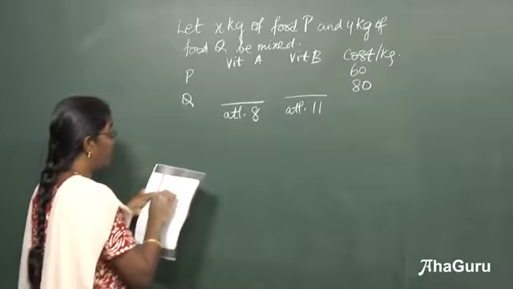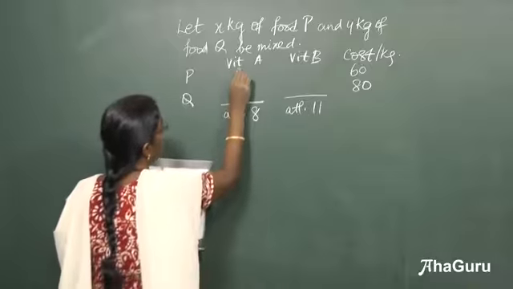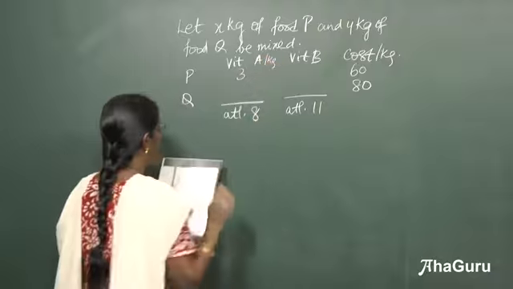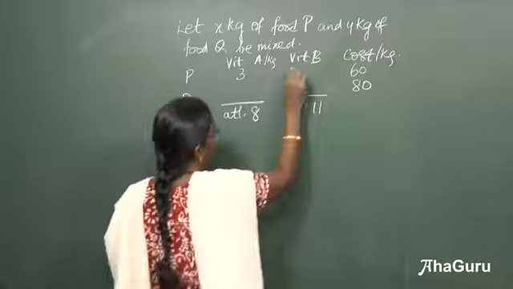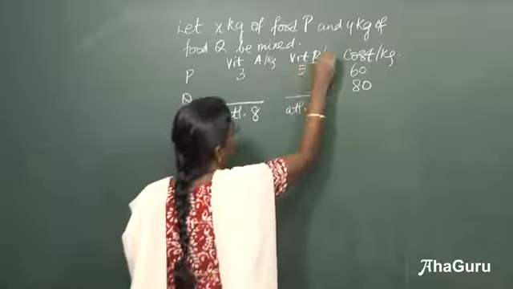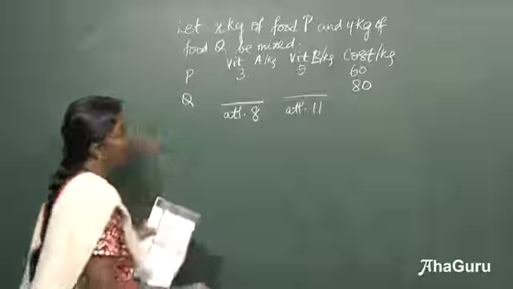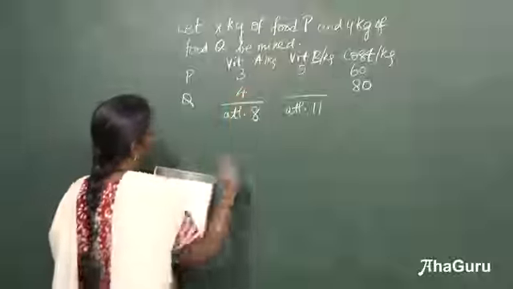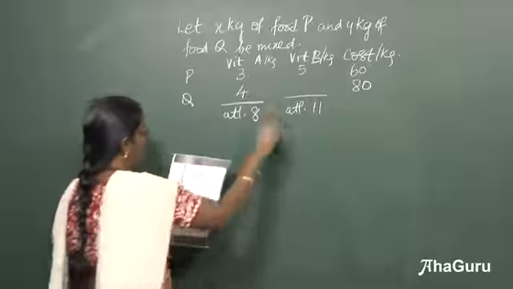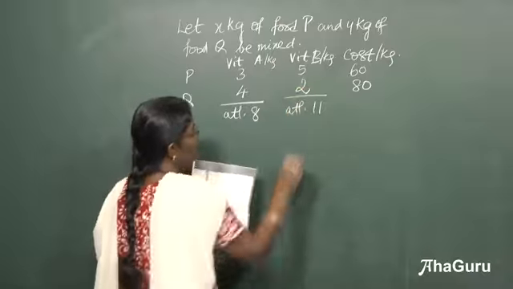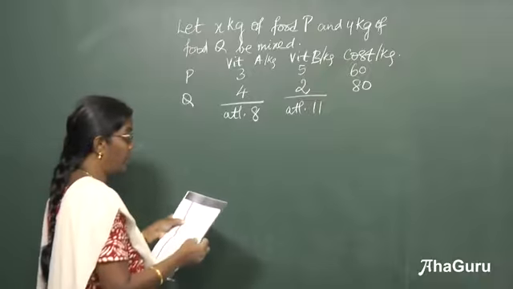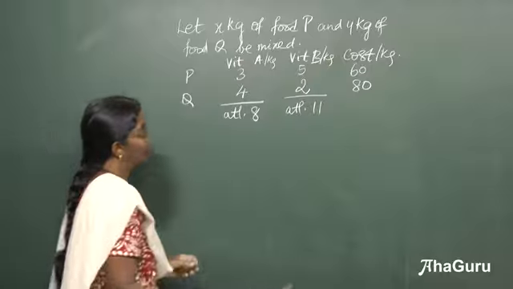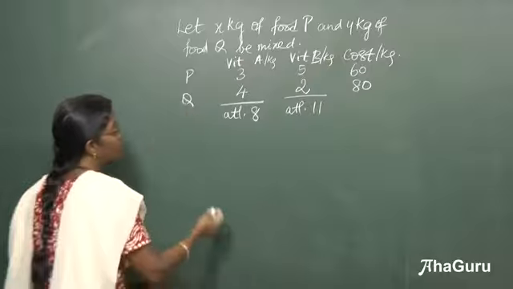Now, this food P contains 3 units per kg of vitamin A and 5 units per kg of vitamin B, and the other food Q contains 4 units per kg of vitamin A and 2 units per kg of vitamin B. The question is, determine the minimum cost of the mixture.